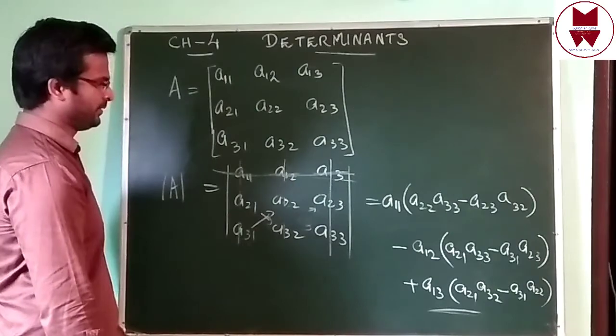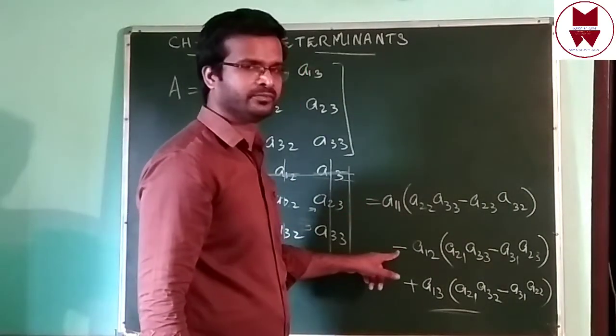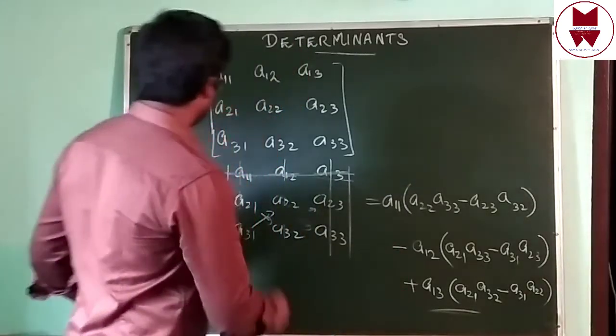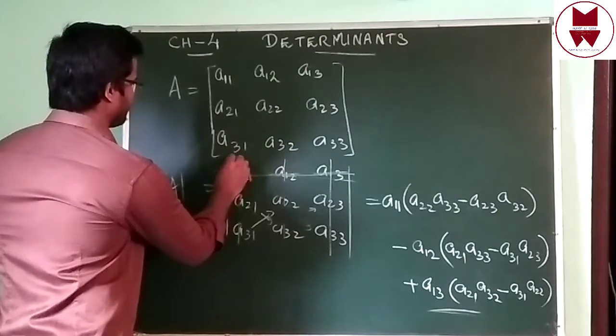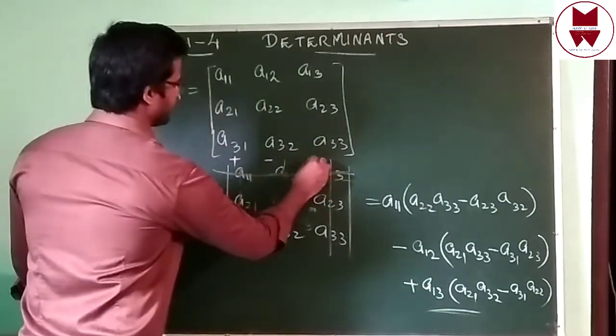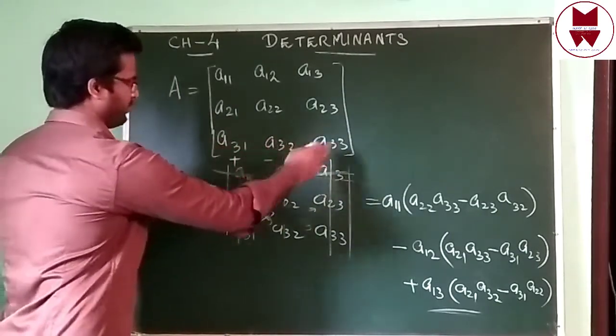Another thing: here plus, but the second time I wrote minus, isn't it? Then the third one plus. Keep in mind, we always start with plus, then minus, then next will be plus. Starting from plus, plus, minus, plus.